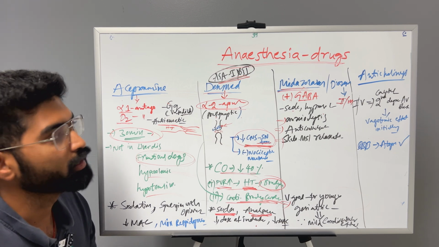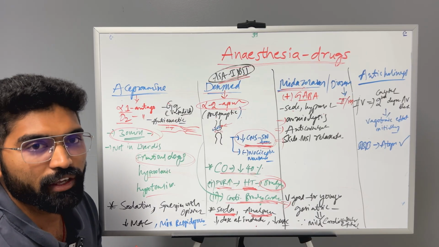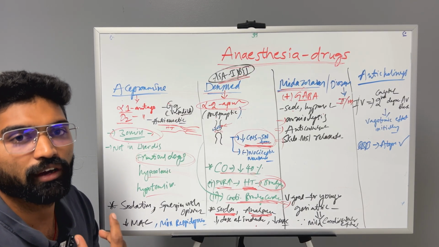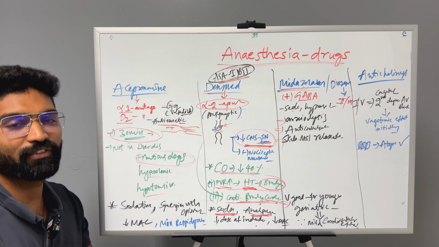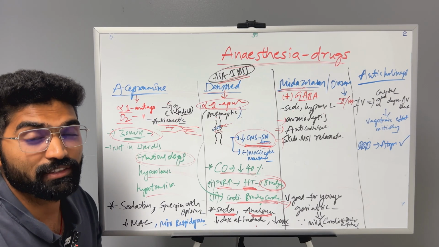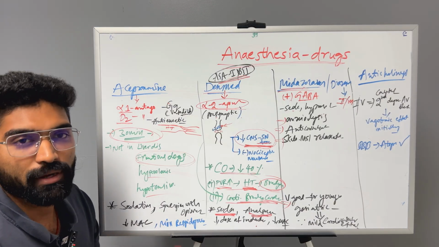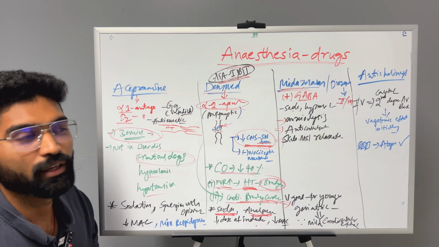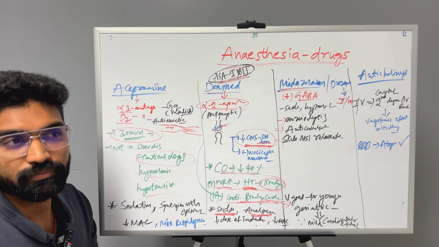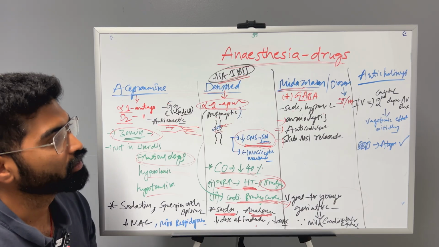Okay, one more interesting thing about diazepam is you should not give this drug quickly whenever you give it by the IV route, because it can cause venous thrombus. Okay, and I already mentioned that it contains propylene glycol, which is a cardiopulmonary depressant, so that can cause cardiac suppression and pulmonary suppression.